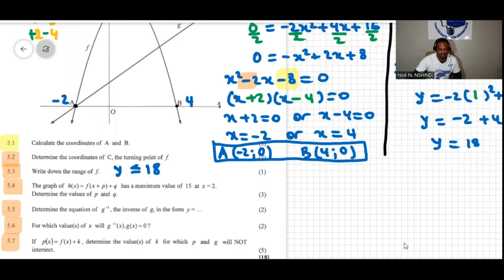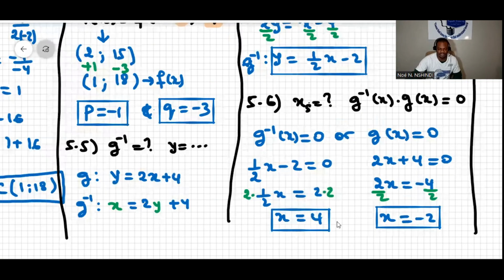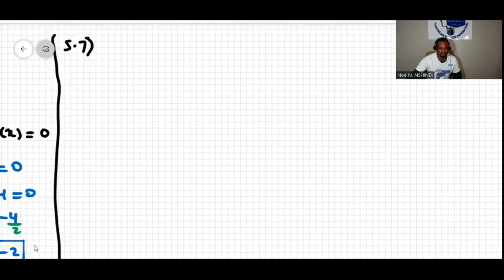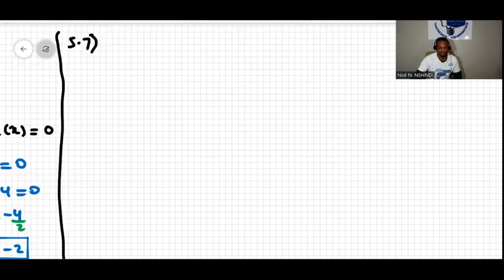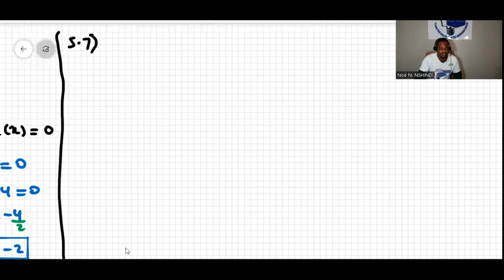Now let's move the board over here. So over here we're looking for the value of k such that p of x being equal to f of x plus k will not intersect with g of x.